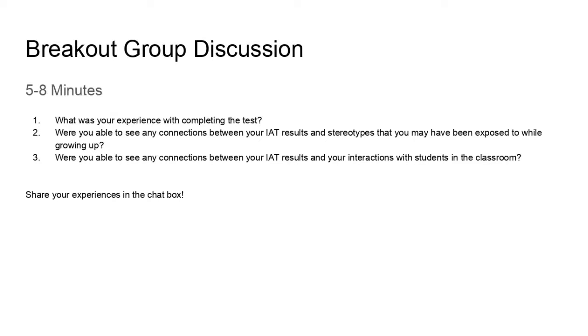Also, Amanda's group kind of resonated with my experience. I was surprised because my test results said that I moderately favored young people over old people, but I think I favor old people over young people. But it made sense to me because I teach young people and I love teenagers.